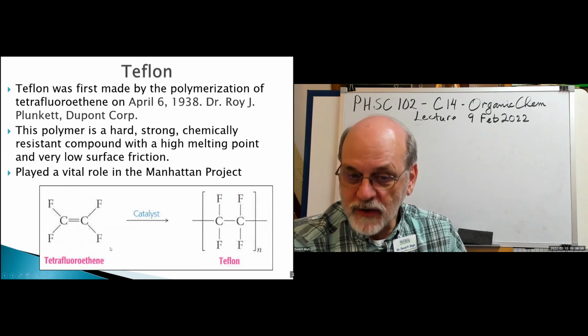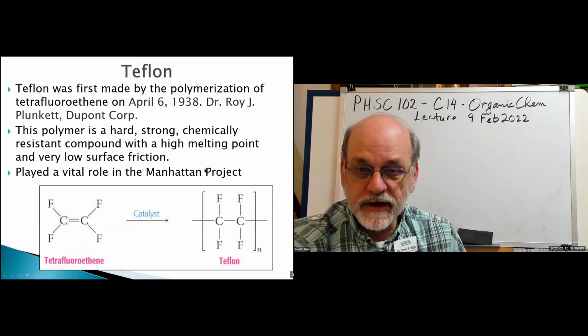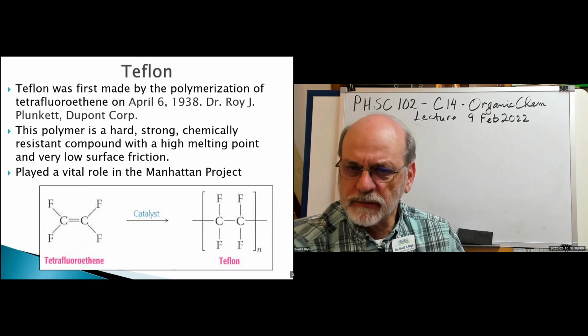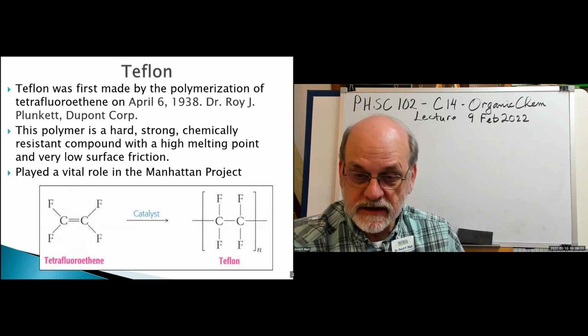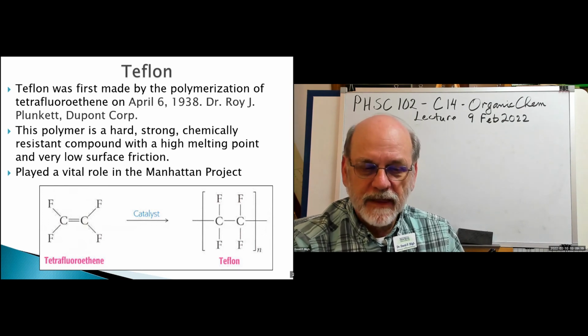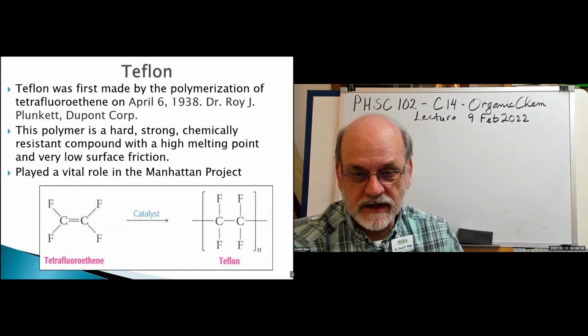They characterized it and gave it a name, called it Teflon, and found out that it was extremely useful for various things. It has a very high melting point for a polymer. It was very chemically inert, resistant to chemical attack, very strong, had a very low coefficient of friction. Right, that was interesting.